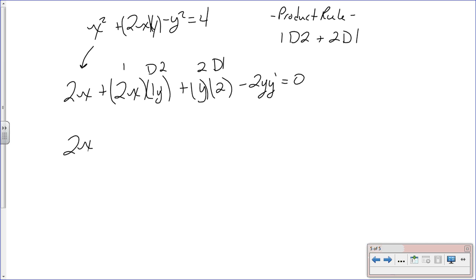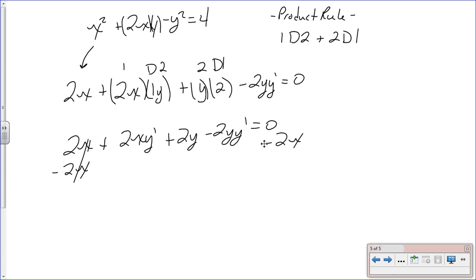So let's clean this up a bit before we get moving. So this is 2x y prime plus 2y minus 2y y prime equals 0. Now we need to solve it down for y prime. So first thing we're going to do, subtract the 2x from both sides and subtract the 2y from both sides.